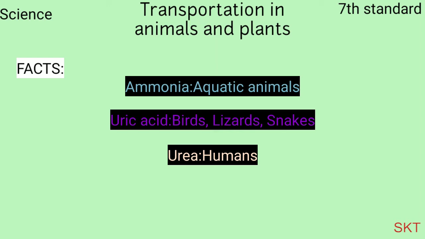So remember this: aquatic animals excrete ammonia, some land animals like birds, lizards and snakes excrete uric acid, and we human beings excrete urea. And that completes the excretory system in human beings.